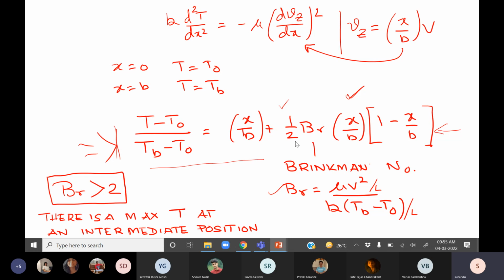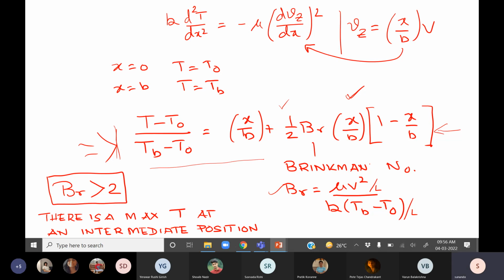If Brinkman number is less than 2, forget about this, and you could choose your lubricant based on the higher temperature, which is TB. But if Brinkman number is greater than 2, if you choose your lubricant based on TB only, then there is a serious chance of viscous breakdown, the temperature breakdown of the viscosity of the lubricant.